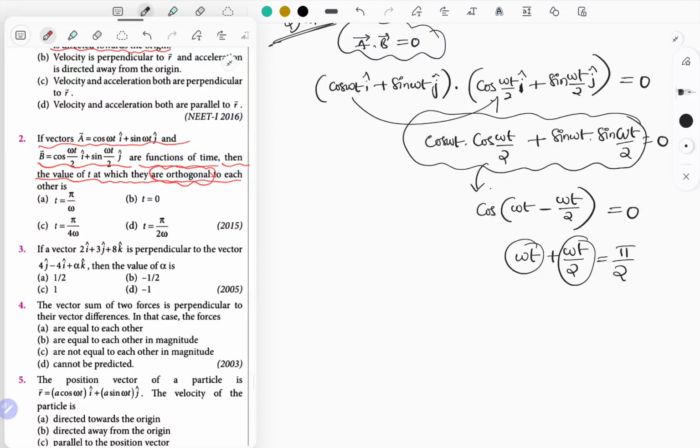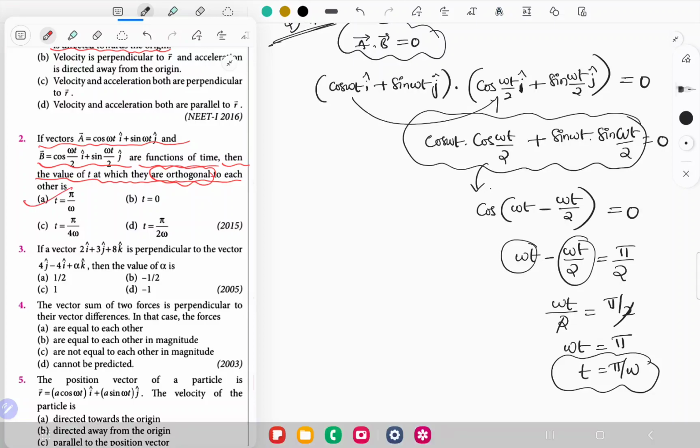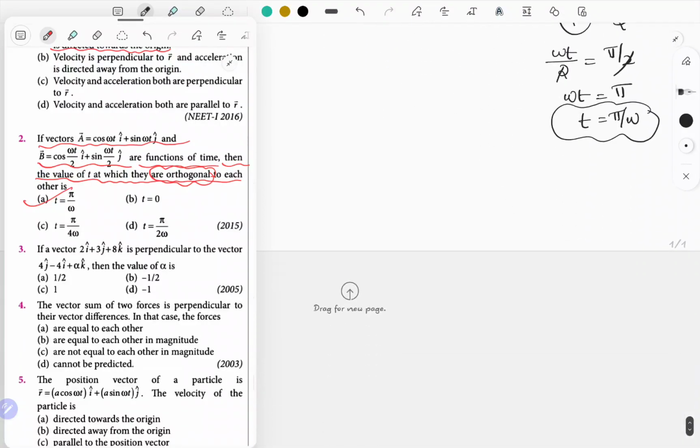So this is a minus b. So omega t minus omega t by 2 is going to be omega t by 2, which is equal to pi by 2. The 2 will get cancelled, then omega t is equal to pi, then t is equal to pi by omega. So check out which option is matching. Option A. Okay, let's move on to the next question.